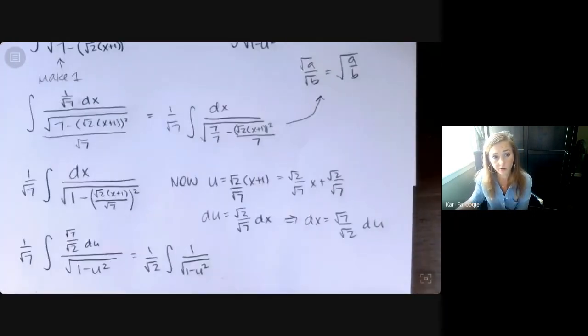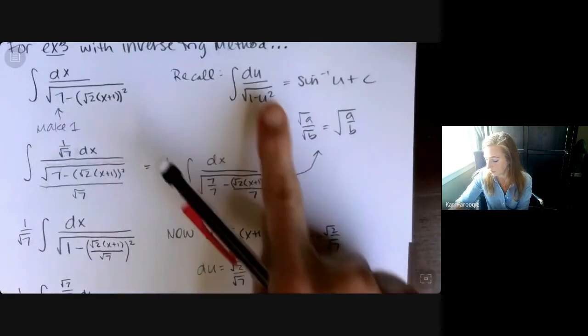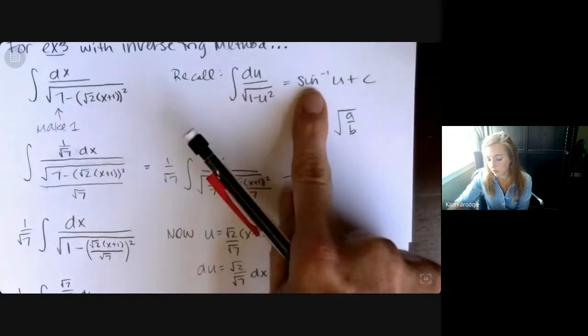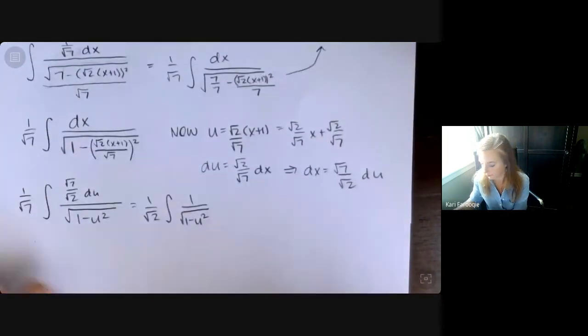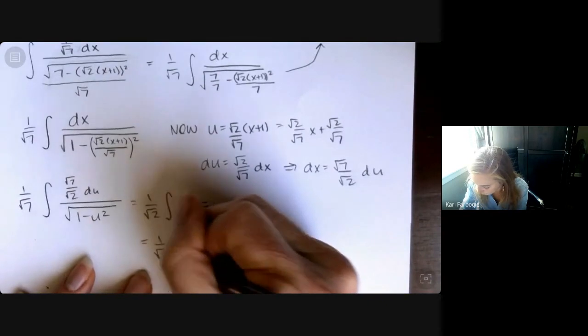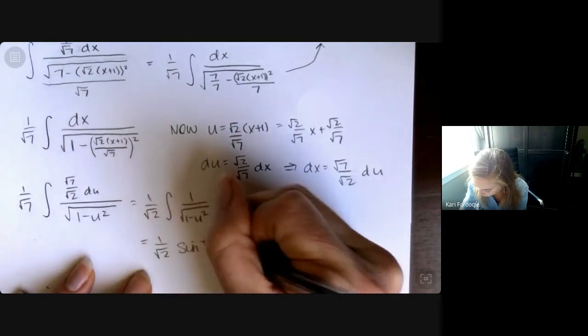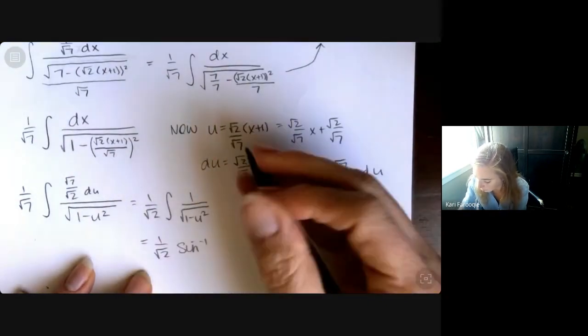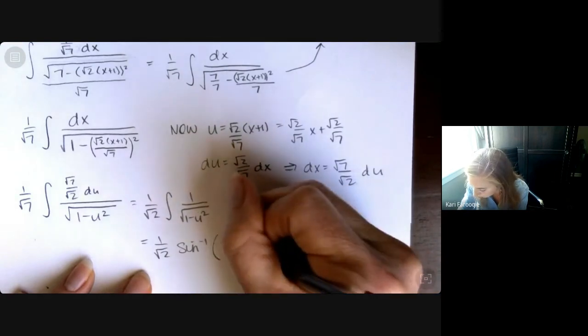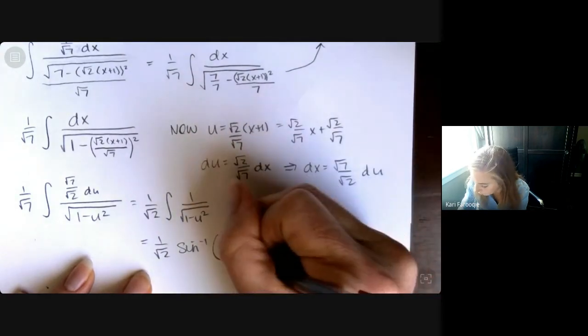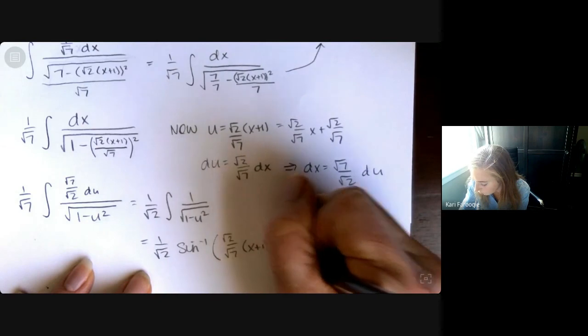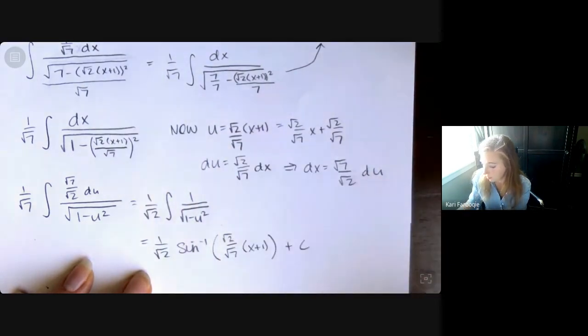And we know, because I just put it up here, that as long as I'm in this form, I have the inverse sine of u plus c. U was the square root of 2 over the square root of 7 times x plus 1, plus c.